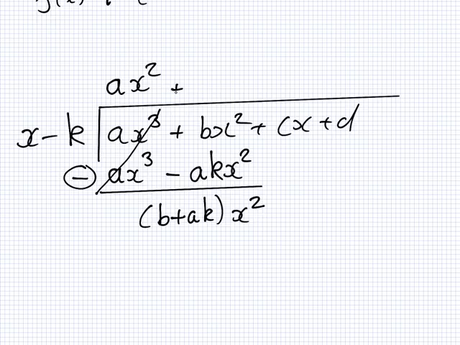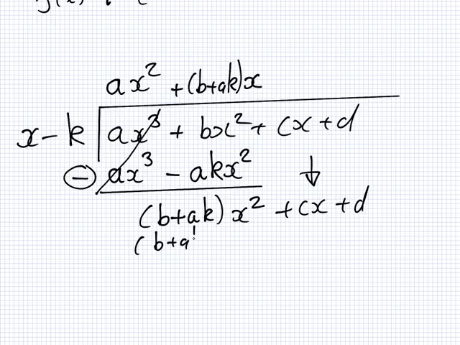So next one has to be (b plus ak)x. We multiply and we get, oh sorry, I should carry this down, plus cx plus d. Okay, we multiply, we get (b plus ak)x squared, and then here, just be careful, we have minus, and then we have to multiply by k.